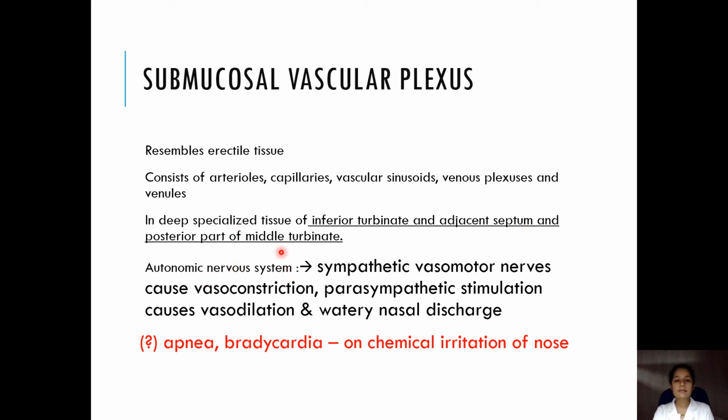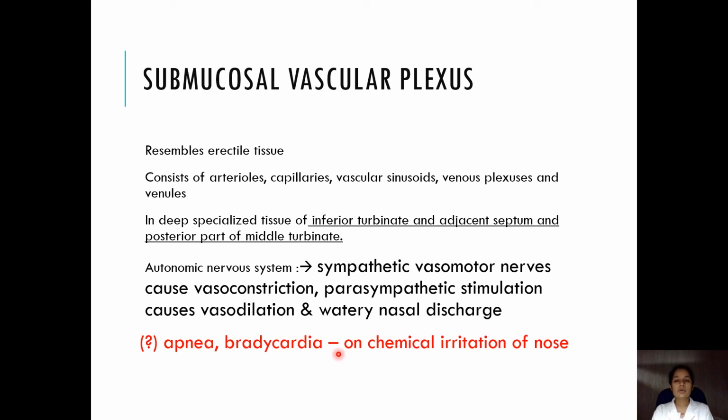So this is present in the submucosal region and it is under the control of the autonomic nervous system. When sympathetic vasomotor nerves stimulate it, they cause vasoconstriction, and when the parasympathetic nerves are stimulated, they cause vasodilation and watery nasal discharge. Under conditions of parasympathetic stimulation, there will be nasal obstruction as well.